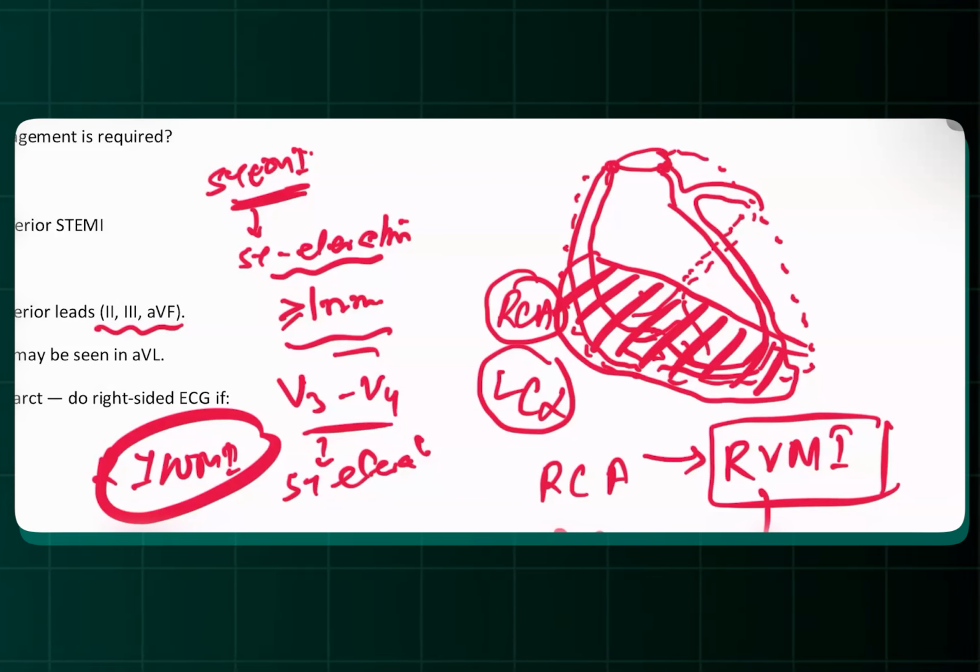So what is the technique that is used to pull the patient of RVMI out of cardiogenic shock? Anyone? Yeah, go on, volume therapy. Okay, we have done all of that. The volume therapy we have done. The patient is still continuing in cardiogenic shock, and the diagnosis is RVMI. LV is working absolutely fine.